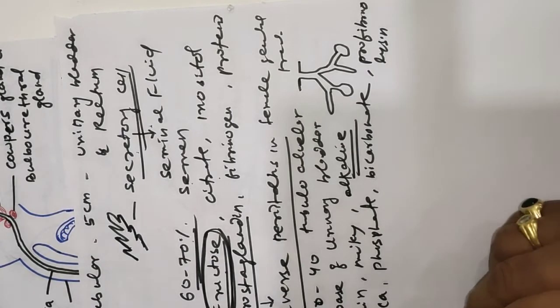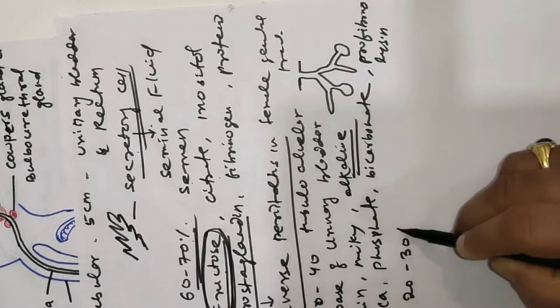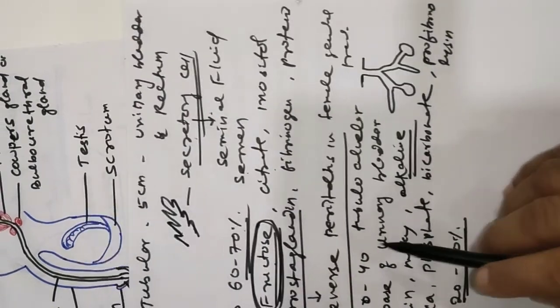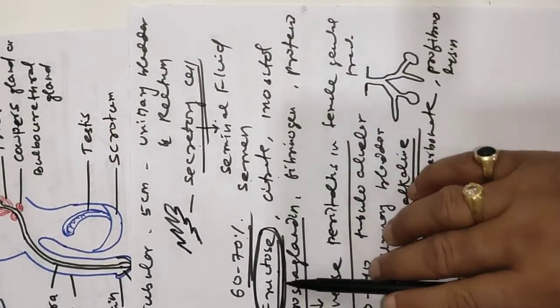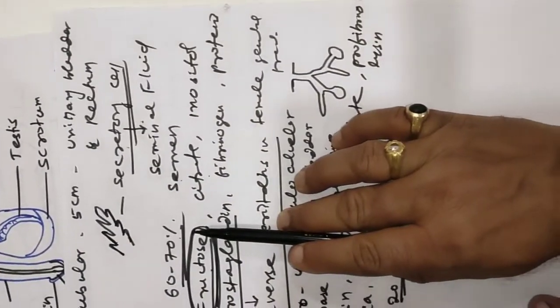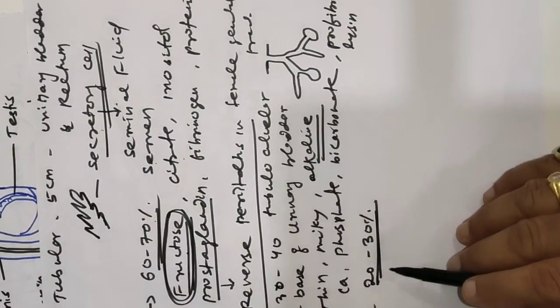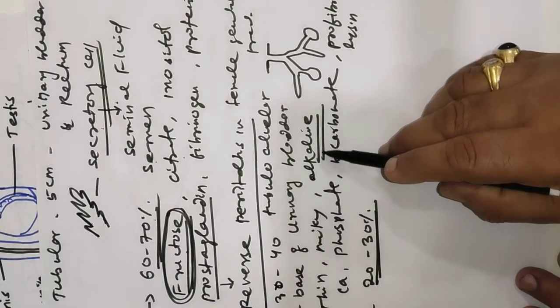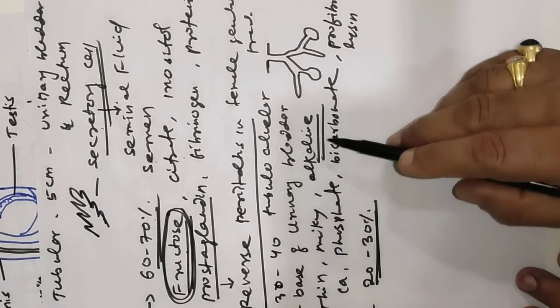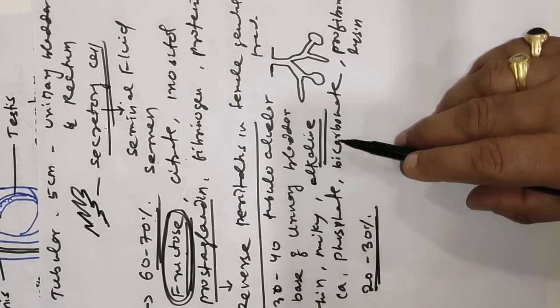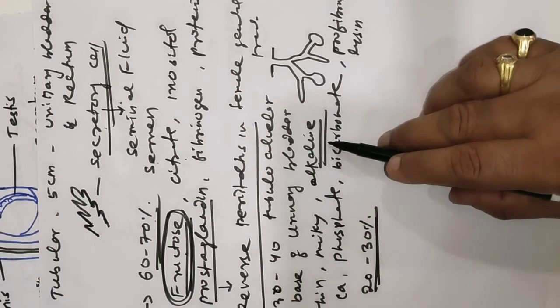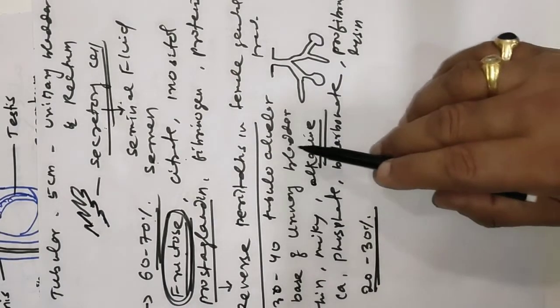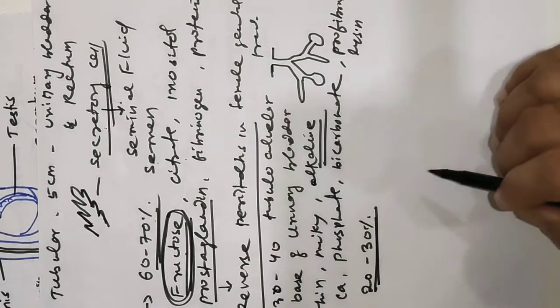Its contribution is about 20 to 30% of the semen. The contribution of the seminal vesicle is 60 to 70%, whereas the contribution of the prostate gland is 20 to 30%. The alkalinity of the prostate gland is helpful for neutralizing the acidity of the vas deferens and also of the vagina.